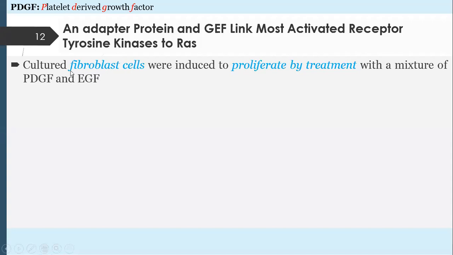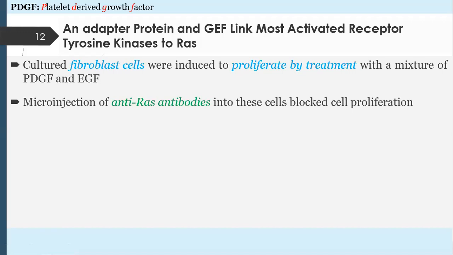When these fibroblast cells were treated with these ligands, they proliferate and divide. This is the normal phenomenon. But when the same cells were injected with anti-RAS antibodies, they blocked cell proliferation.